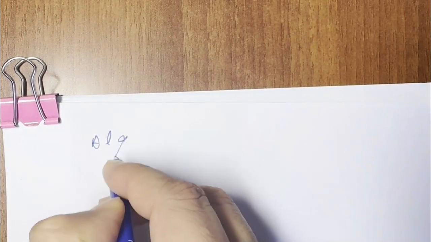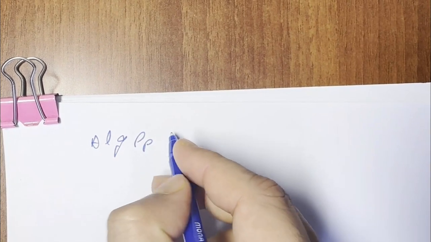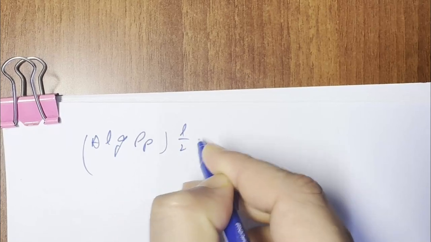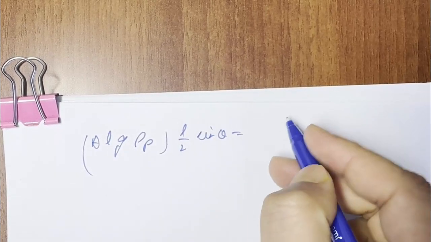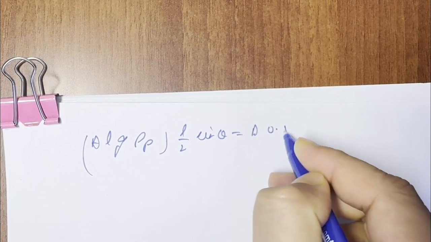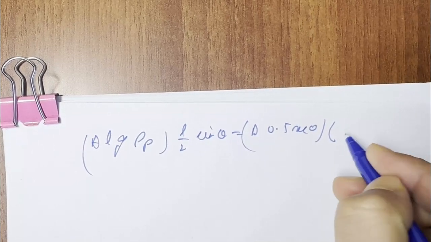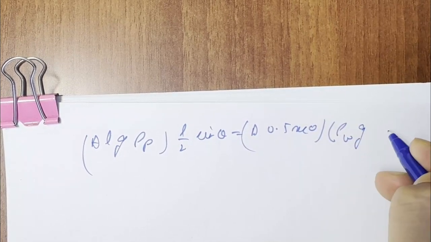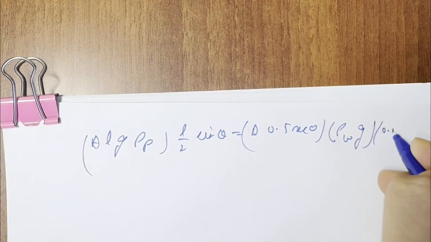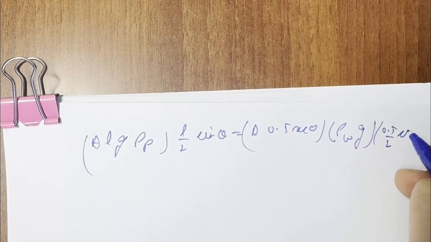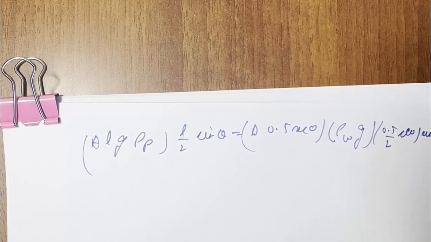Rest is done. So we equate them, and we get this as A L G rho p, and here we have L by 2 sine of theta, and this will be equal to A 0.5 secant of theta, and we multiply it by density of water. Then we have G, and we have 0.5 divided by 2 secant of theta and sine of theta.